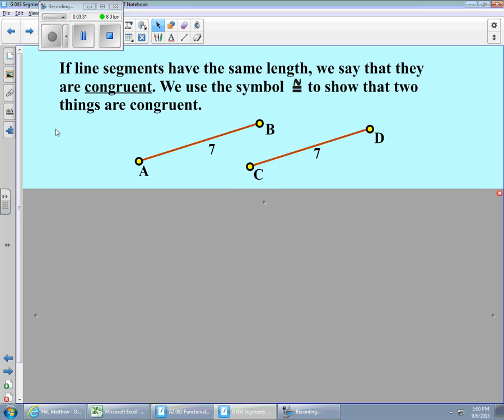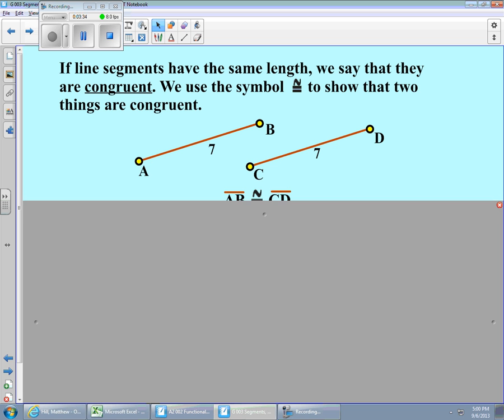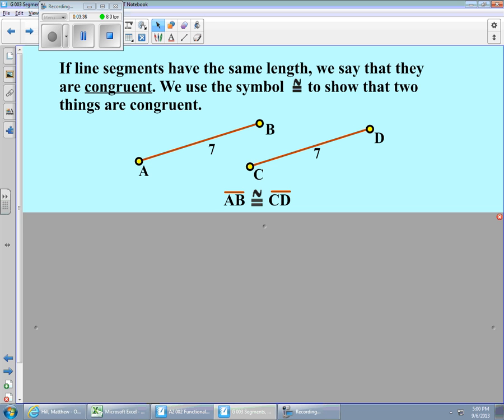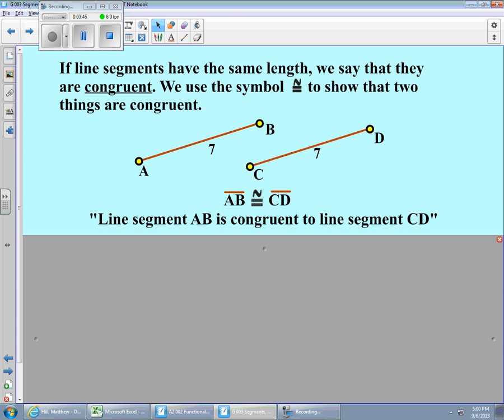Since we know that the overall measurements are the same, we could make the statement that line segment AB is congruent to line segment CD. That is precisely how this is written and pronounced in the English language. This is the particular language that you're going to need to get used to. You're going to be using it quite a bit.